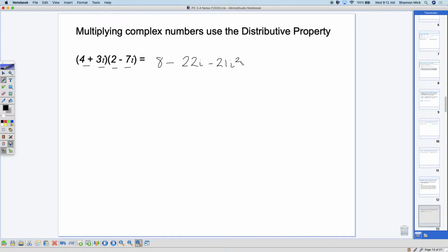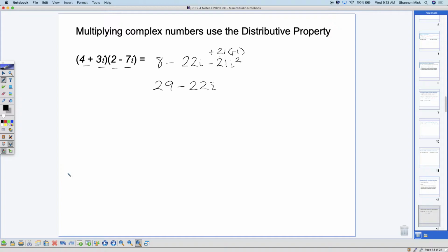Negative 1, yes? So this is negative 21 times negative 1, which makes it a what? Positive 21. So I have 21 and 8 is 29 minus 22i. Nice.